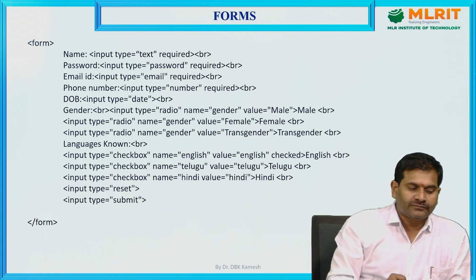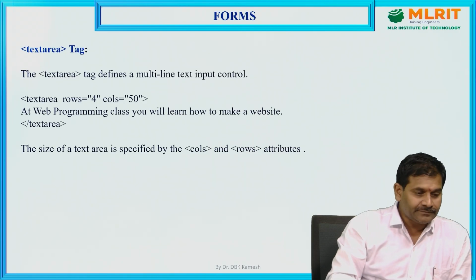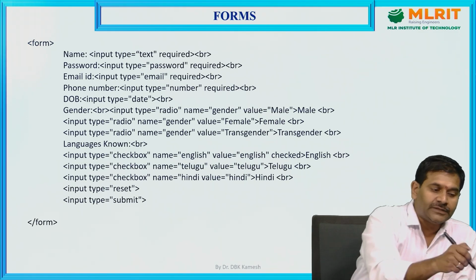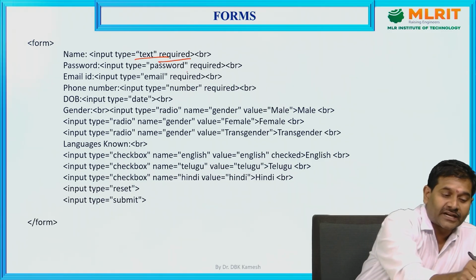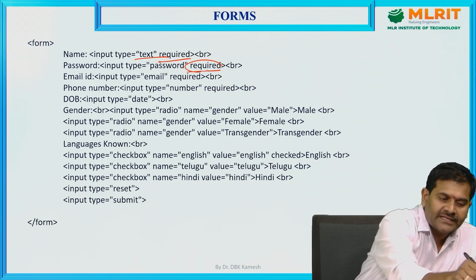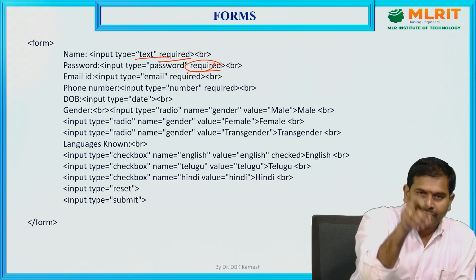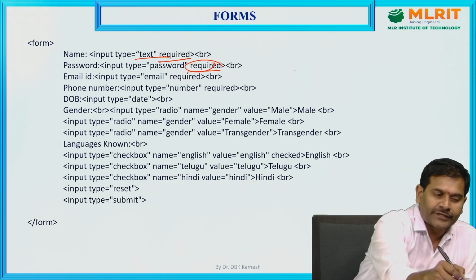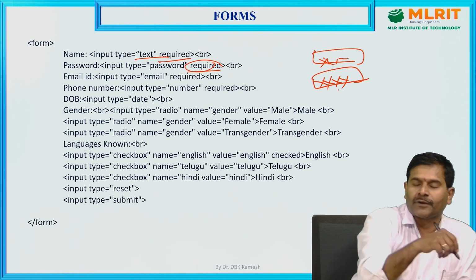Now we have given the same thing, the form input type text required. Password required means once you use required, you must give a value into this input type text, whatever the characters are. Then for password, you need to give an appropriate password.